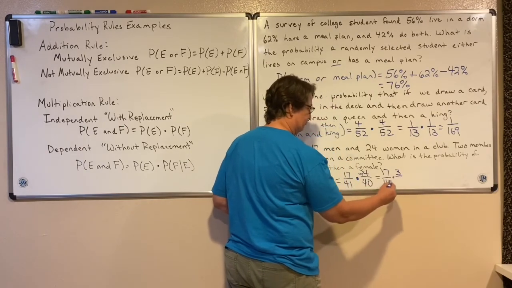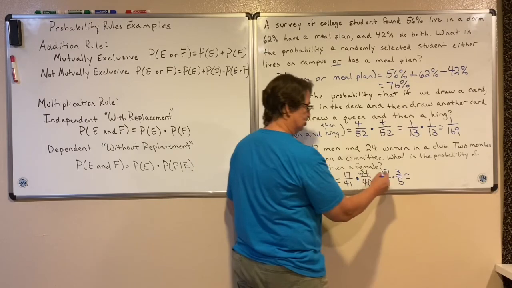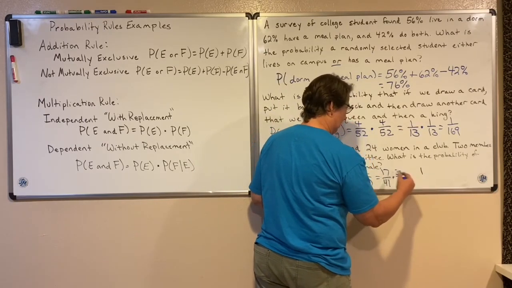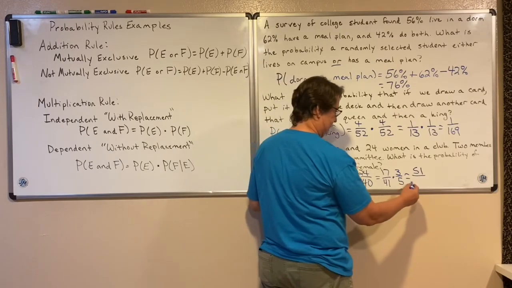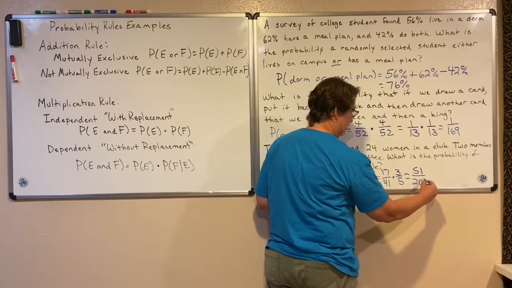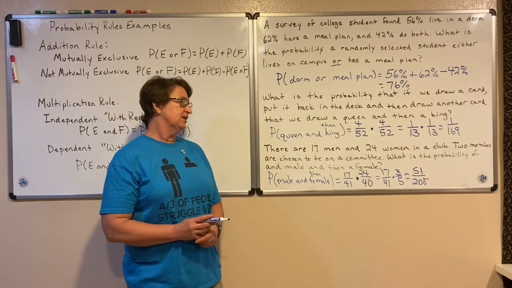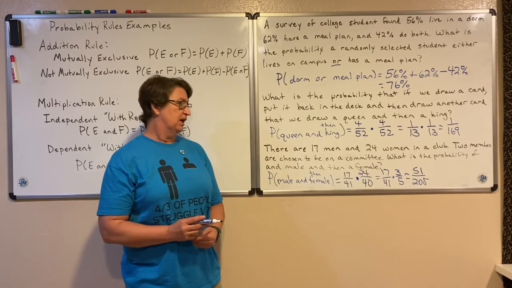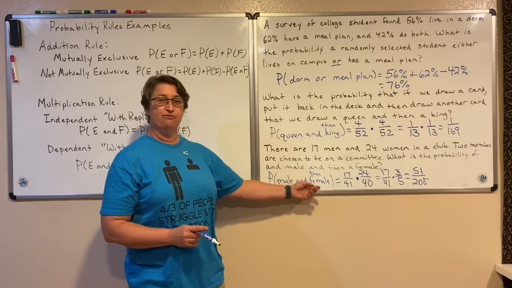And 8 goes into 40 5 times. So now I do this multiplication and I end up with 51 over 5 times 41 is 205. So 51 out of 205 is the probability that I get a male and then a female.